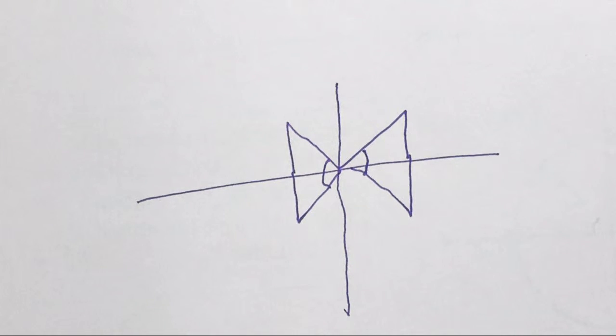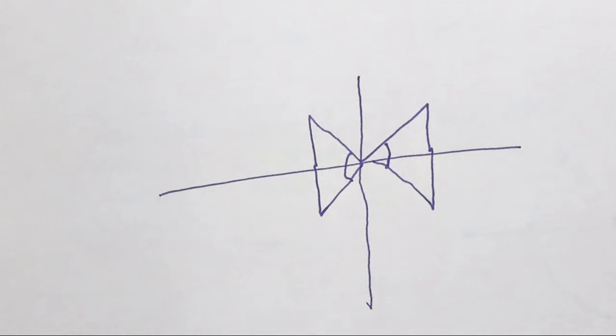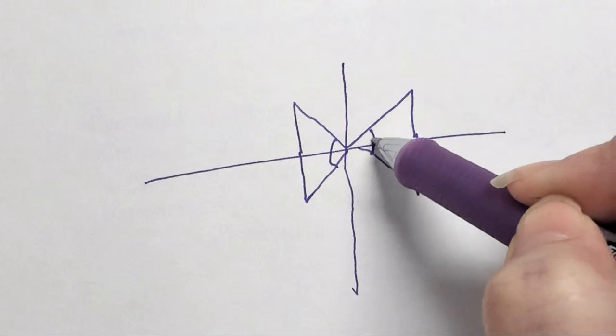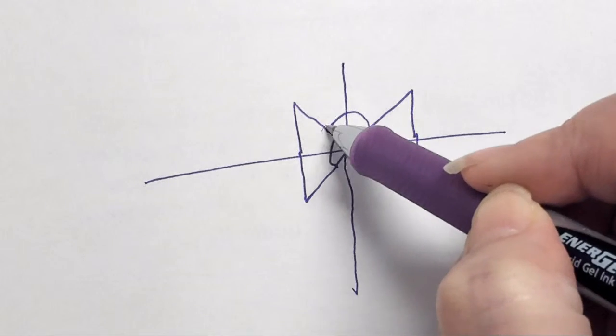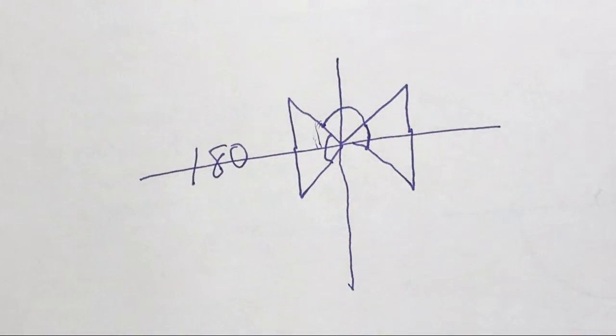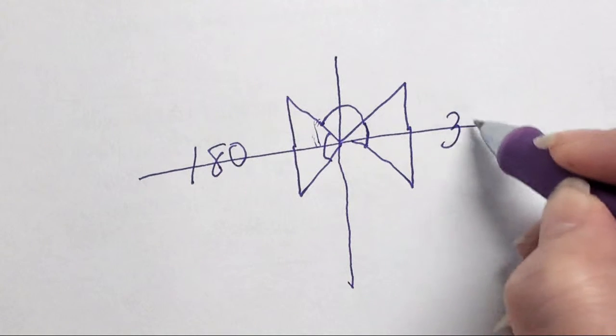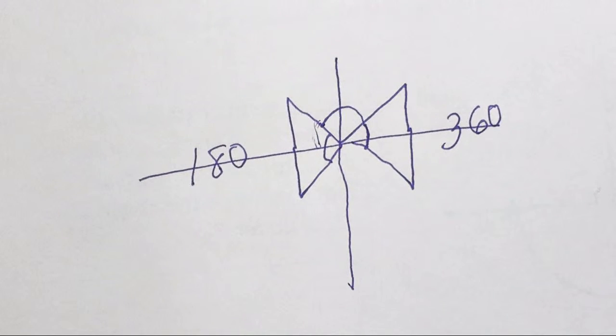Hopefully you guys see that bow tie. If you had an angle like 135, you would draw your 135, and you always would come down to here. On this side, you will use 180 to either add or subtract. On this side, you always use 360. And once we do a couple of them, hopefully you'll see what I mean by that.